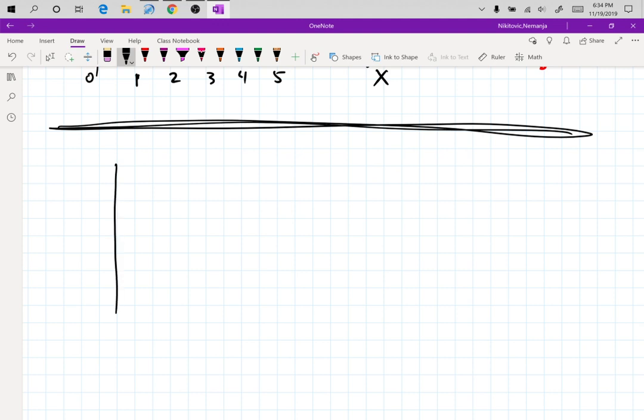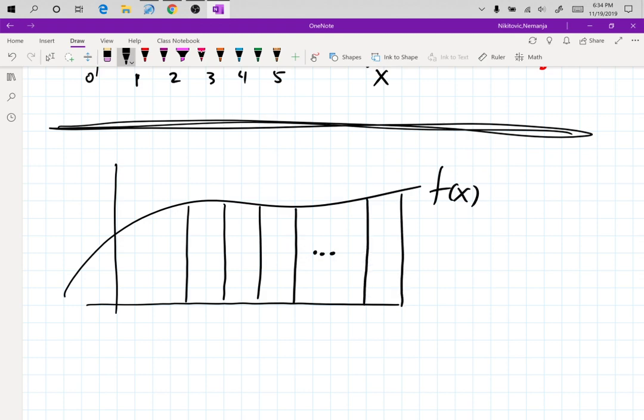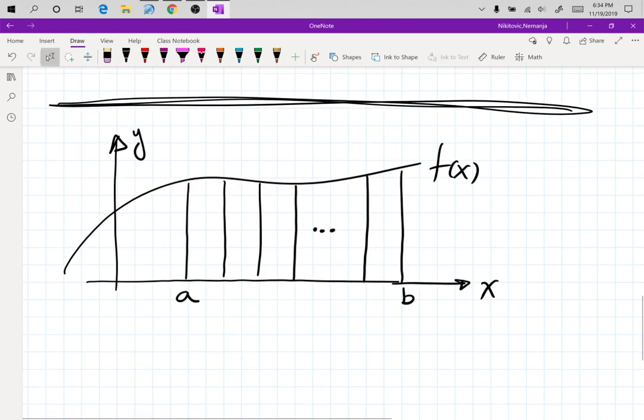So I'm going to put some arbitrary function, f of x, and I am going to create an arbitrary amount of these rectangles. The rectangles are always between your A and B, which is the interval on which you are considering the calculation.